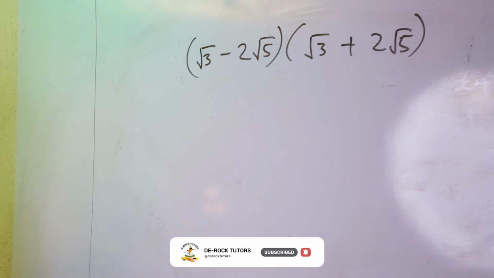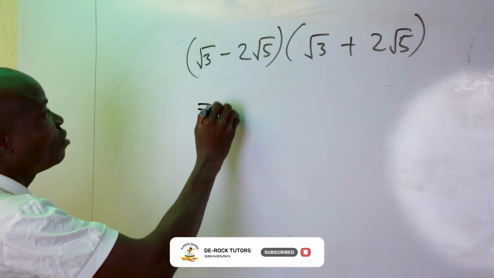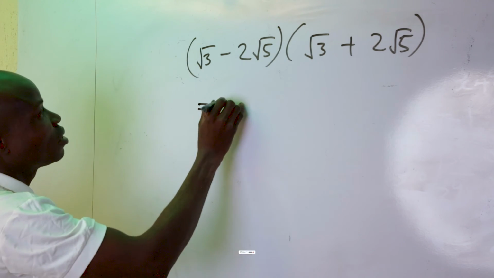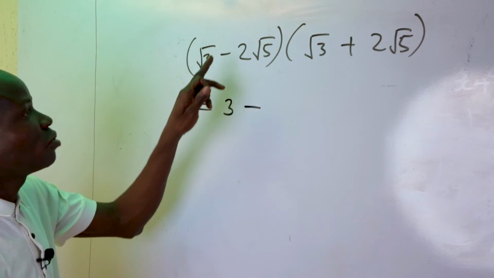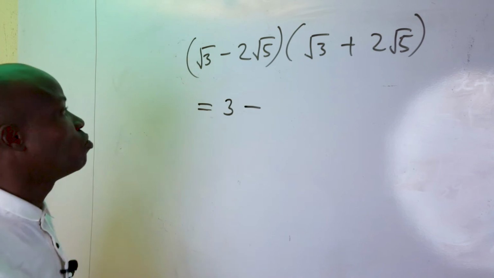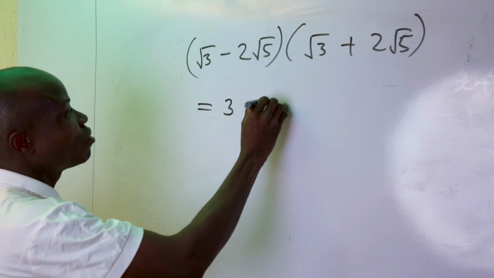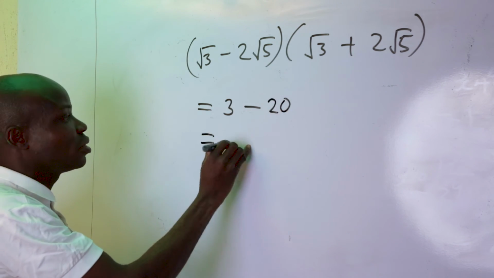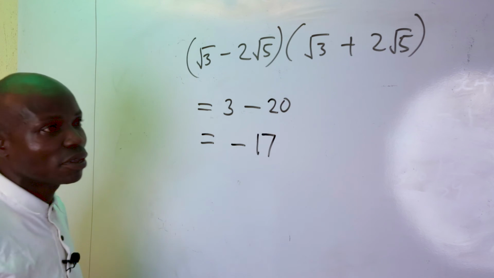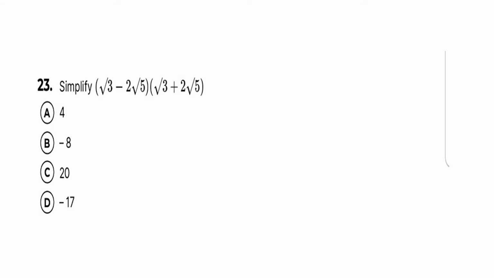So that makes the product easy. And the result gives us root 3 multiplying root 3, which is 3, minus 2 root 5 multiplying 2 root 5, that gives us 20. 3 minus 20 gives minus 17, which is option D in the question.